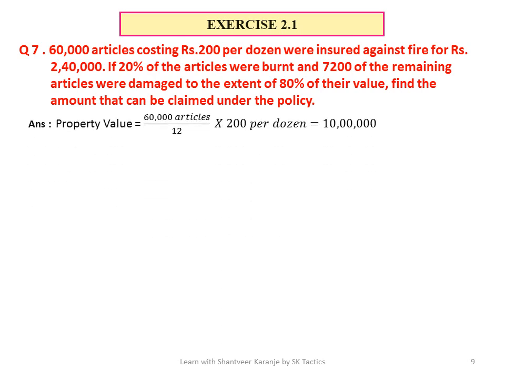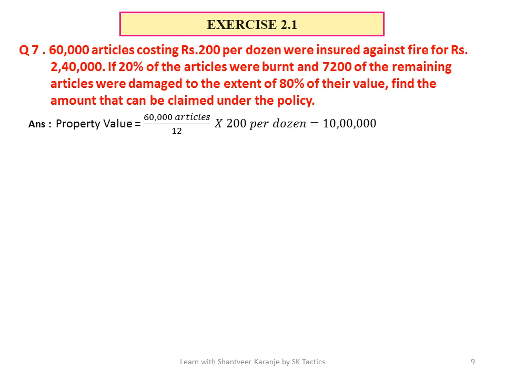So property value is equal to, now total articles are 60,000 and 200 per dozen is the rate of the article. If I divide 60,000 articles by 12, I get the number of dozens, and per dozen is 200 rupees.